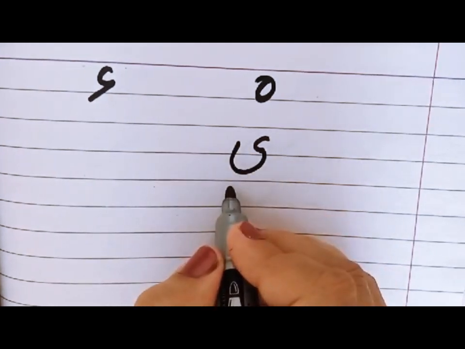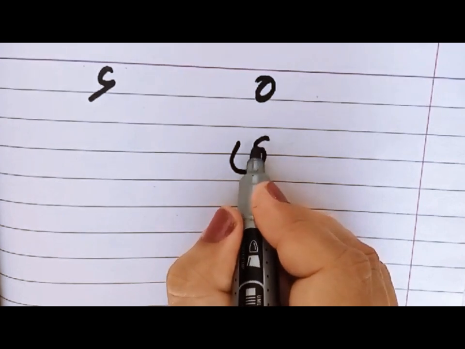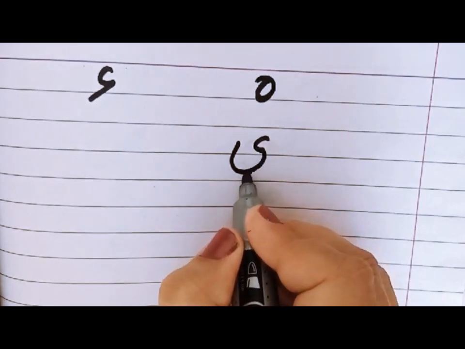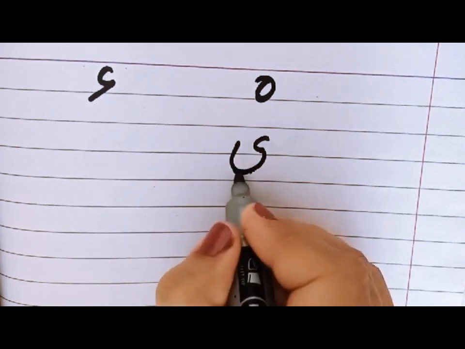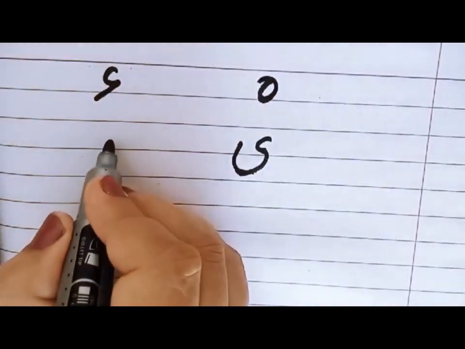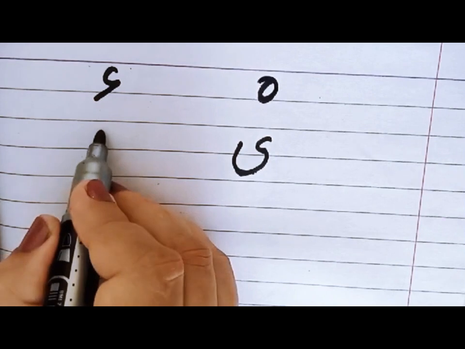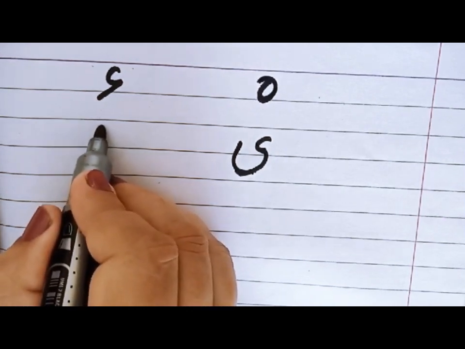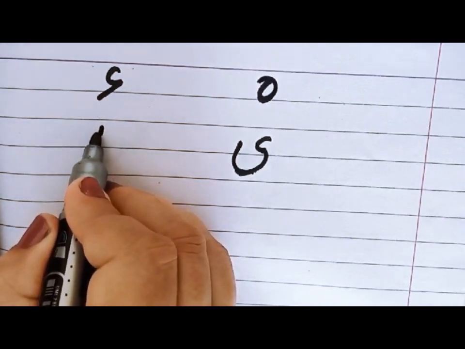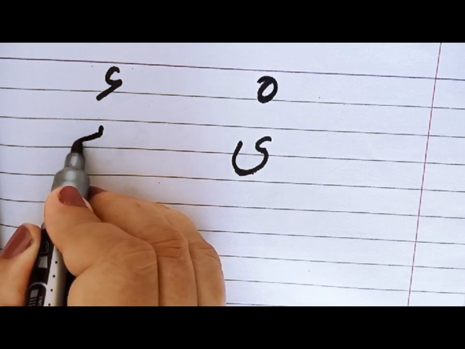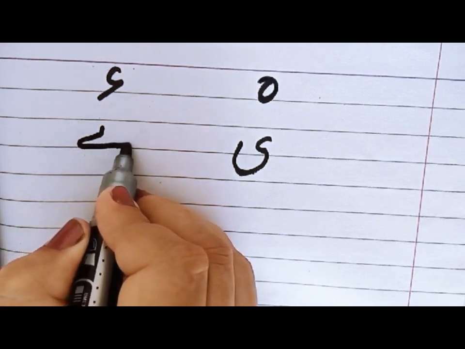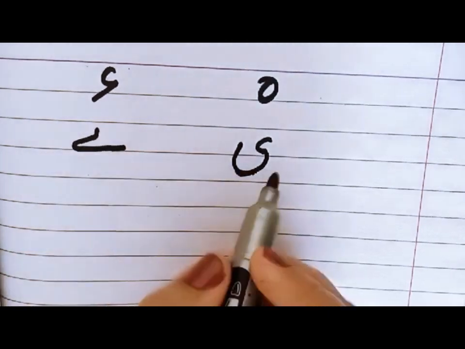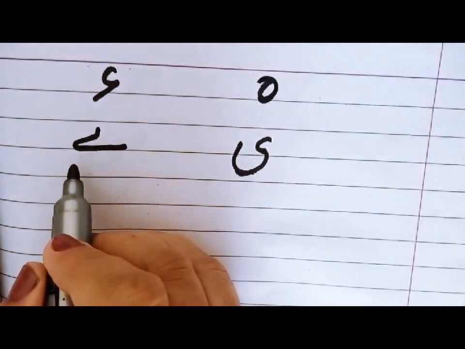From here, then towards downwards and then upward. This is choti a, and the last letter of the Urdu alphabets is badi a. How to write? A small line, then to the left side, and then you will drag it to the right side. This is badi a. Choti a and badi a.